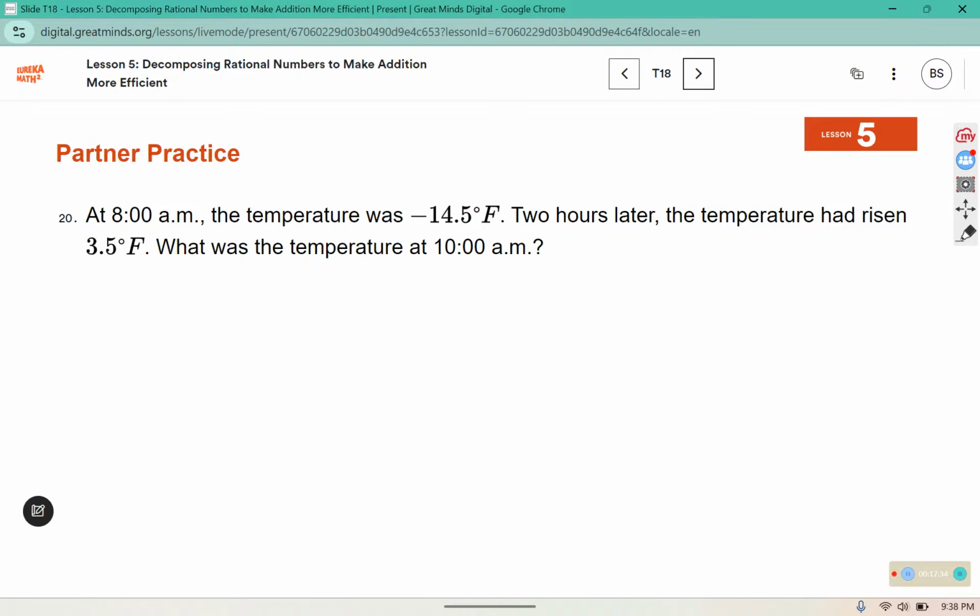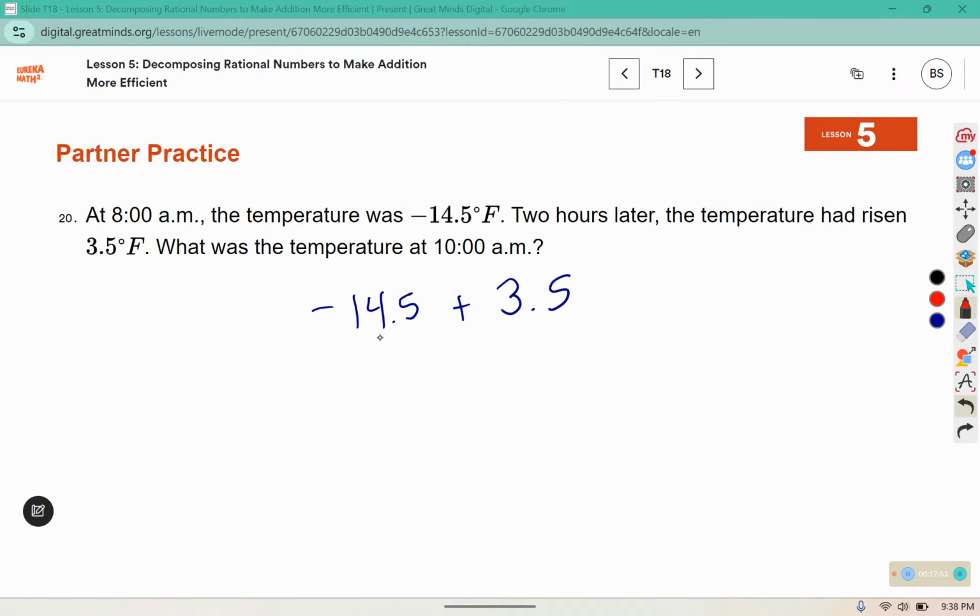At 8 a.m., the temperature was negative 14.5 degrees Fahrenheit. 2 hours later, it had risen 3.5. What is the temperature at 10 a.m.? We started at negative 14.5. We rise 3.5. Let's break this up into negative 3.5.